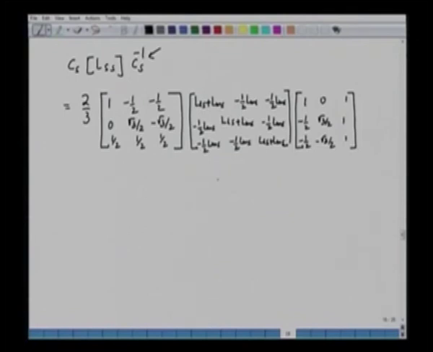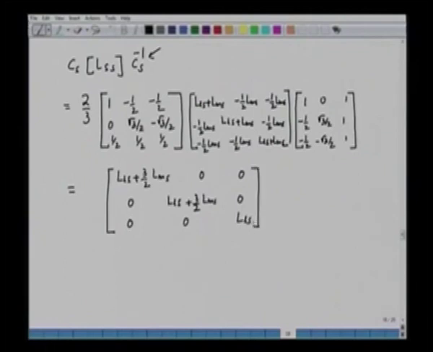We can simplify this, and we get the inductance matrix of the DQ machine: LLS plus 3 by 2 LMS, 0, 0; 0, LLS plus 3 by 2 LMS, 0; 0, 0, LLS.